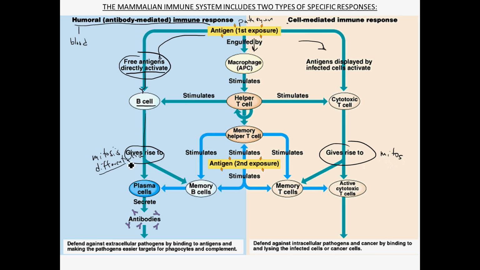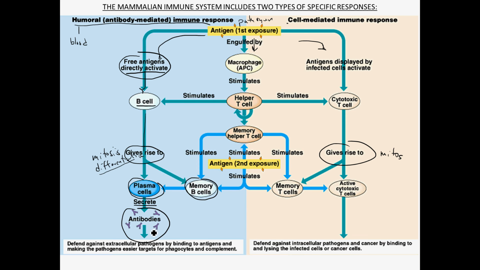You're going to get more of the cells, but then some of them become plasma cells, and some of them will become memory B cells. These memory B cells are just going to hang out, and it's the plasma cells that we are interested in, because these plasma cells now begin to secrete antibodies.